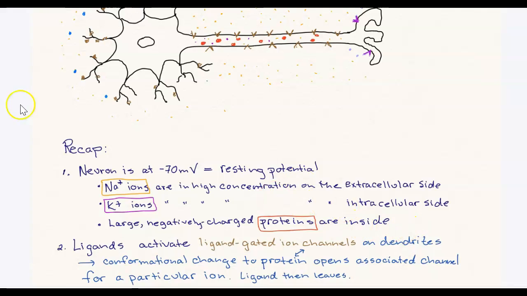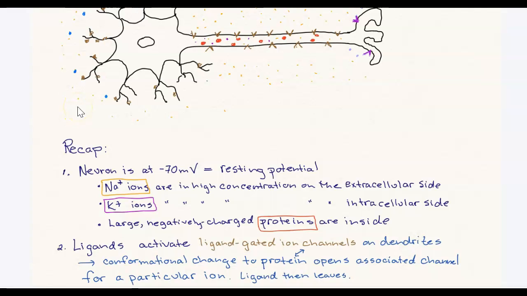How they do that is when the ligand, like this, which is represented with this blue spot here, lands on that protein receptor, it's going to change its shape. It's going to cause a conformational change. And that change of the shape of the protein will open up the channel that is associated with that receptor.